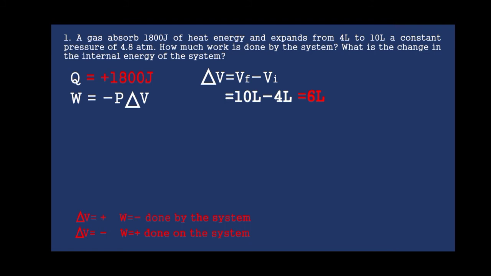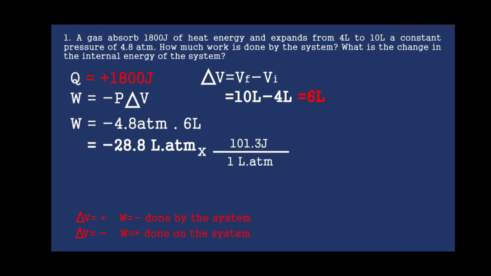Now we calculate the work, where negative 4.8 atm times 6 liters is equal to negative 28.8 liter times atm. Since we need joules, we're going to convert it to joules. Since 1 liter times atm is equal to 101.3 joules, we multiply by 101.3 joules.